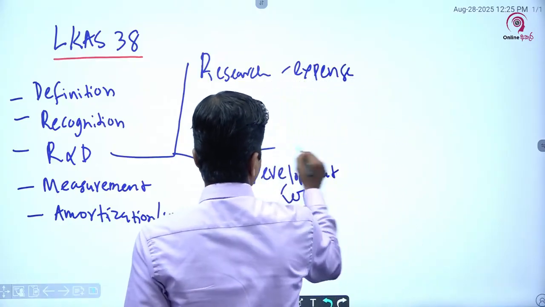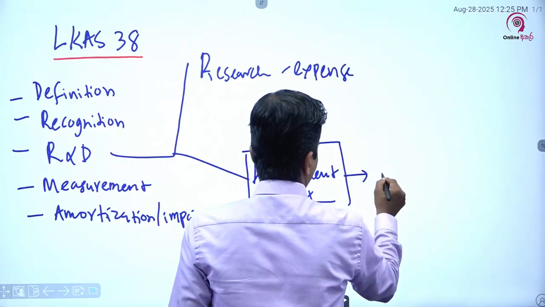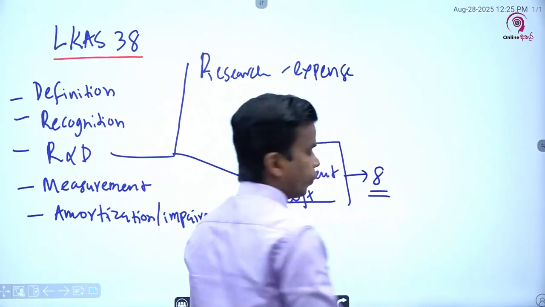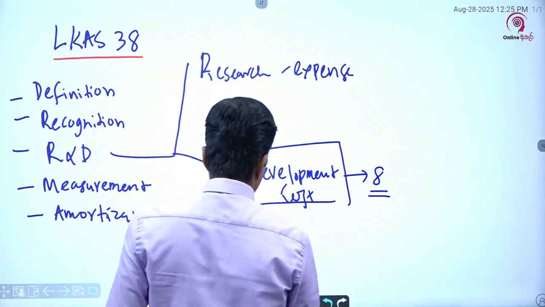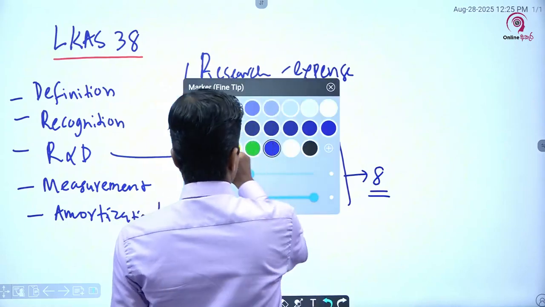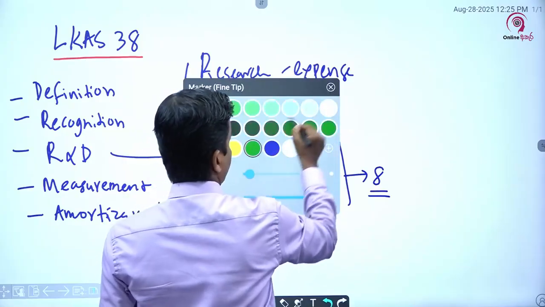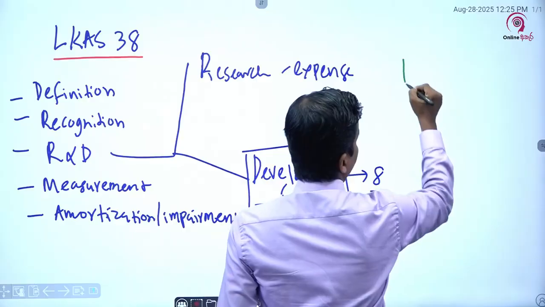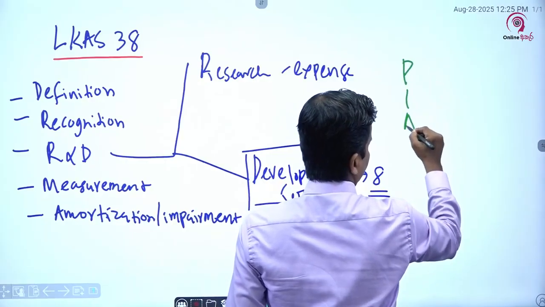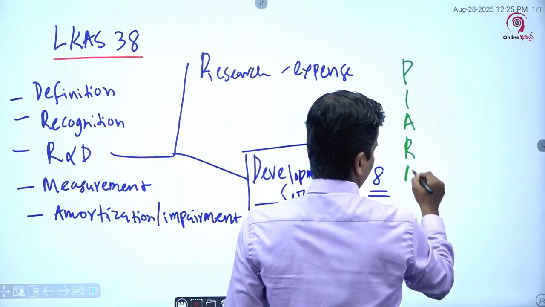So there are criteria. For your easy purpose, I'm sharing a word I like to use so that you can easily remember. The word is PIRATE. You know pirate, right?